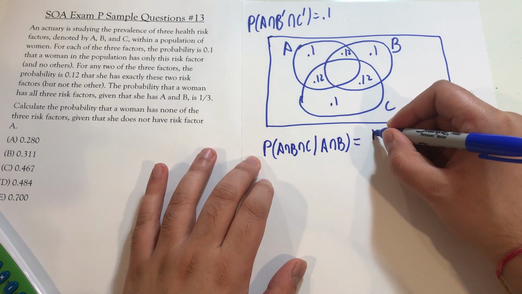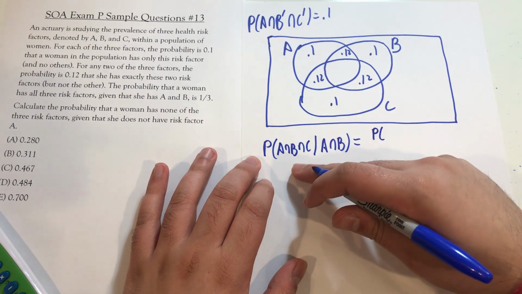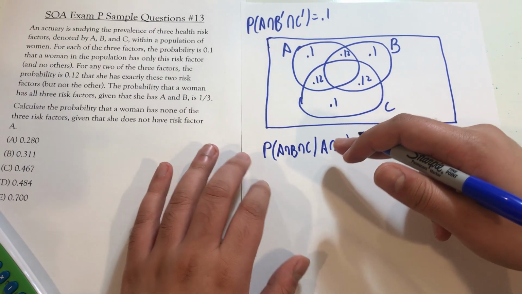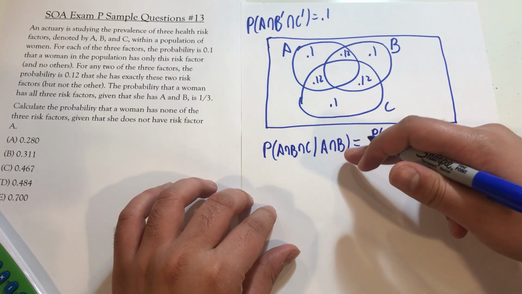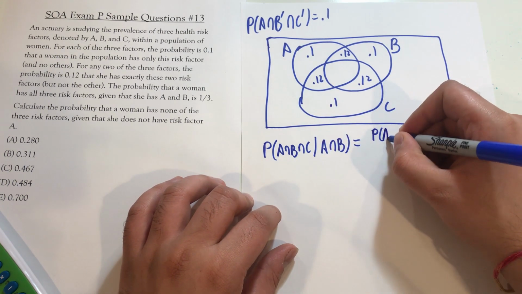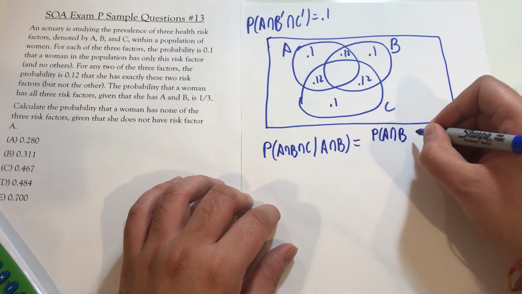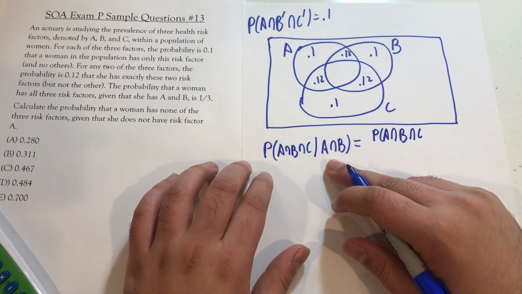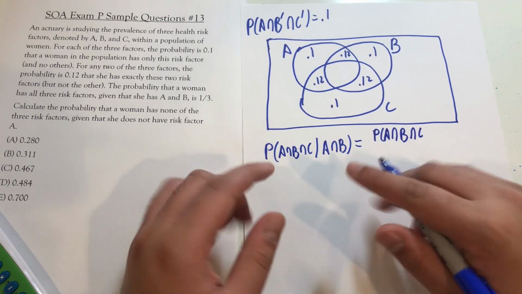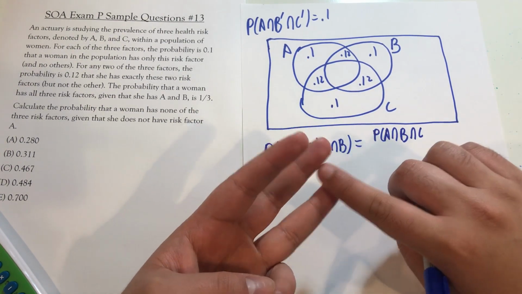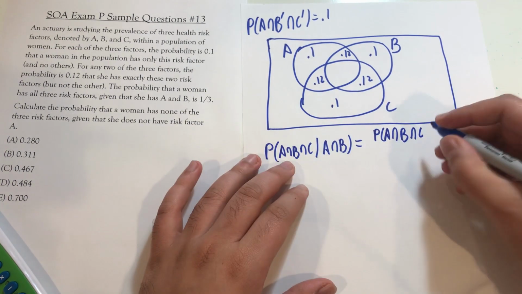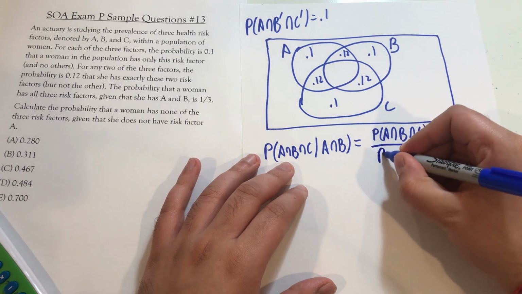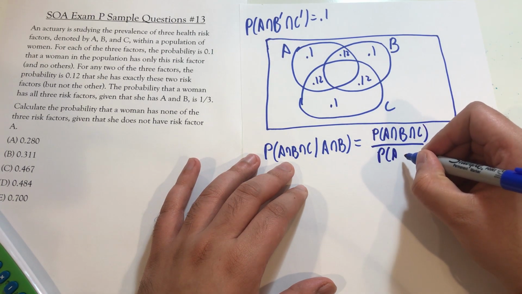The numerator is the probability that she has all 3 of these, A intersection B intersection C, and A intersection B is just simply the probability of A intersection B intersection C. It's almost as if those things are redundant, right? Like, what's the probability that she has risk factor A and B and C and A and B? So that's going to be our numerator, divided by the probability that she has A and B.